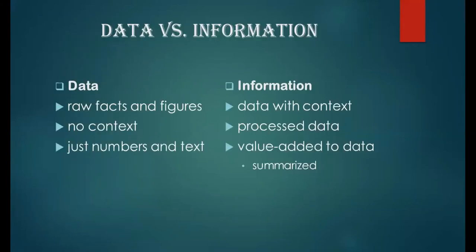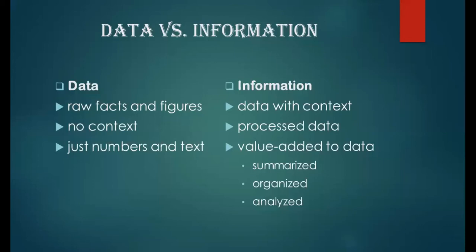And when we talk about information, information is actually the data with the context. That means the data which is related to some situation or some topic or some head name, which is also said to be a kind of processed data. The data processed with the help of some functions, some calculations, some logical calculations performed on that data, is said to be the processed data.